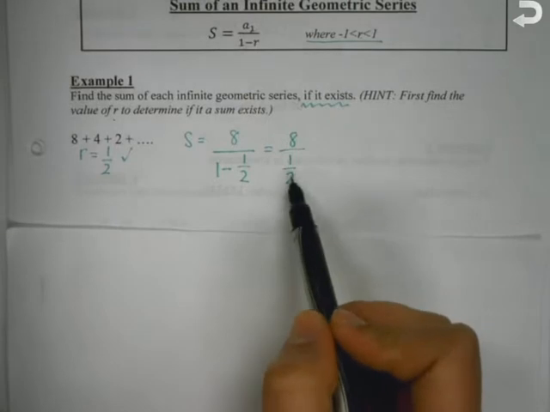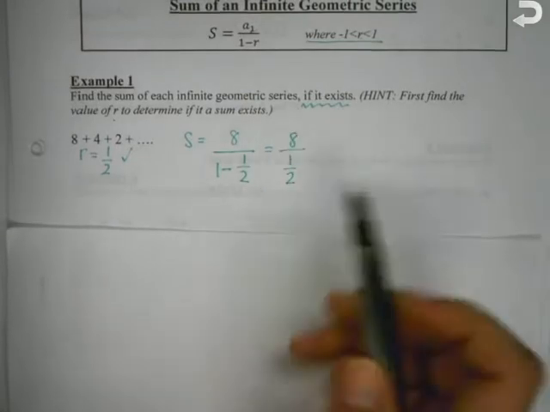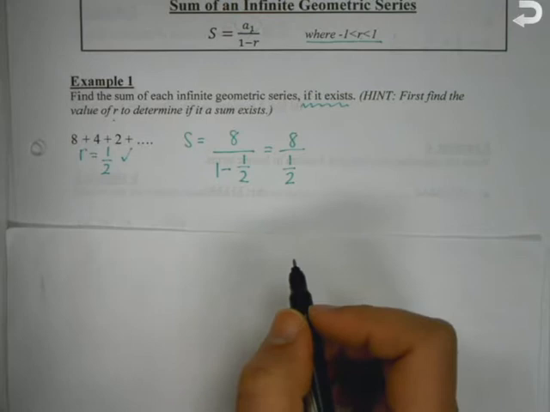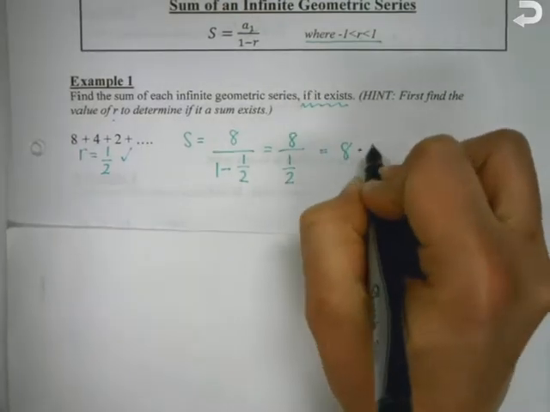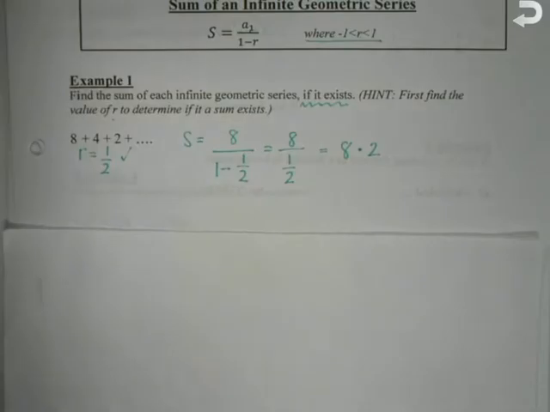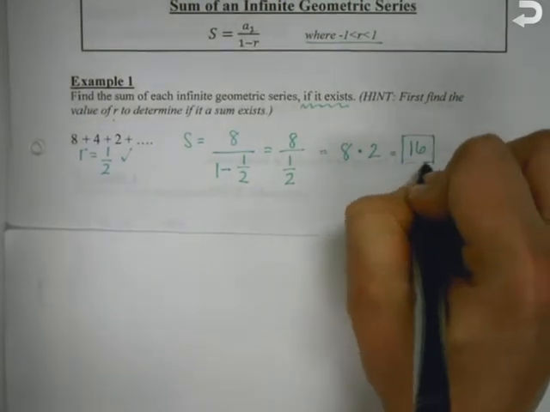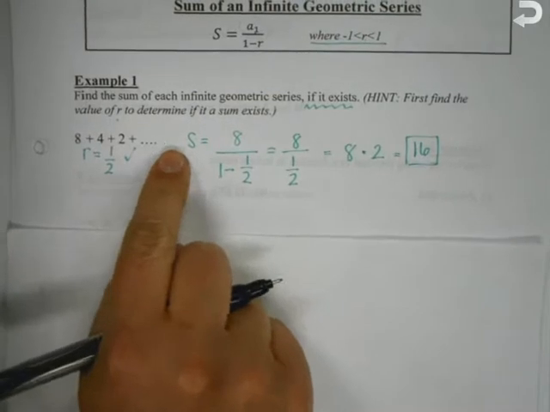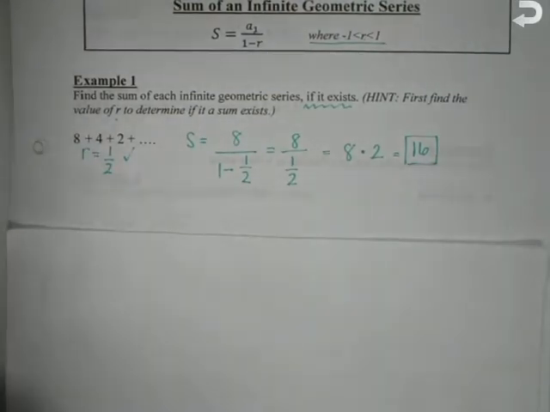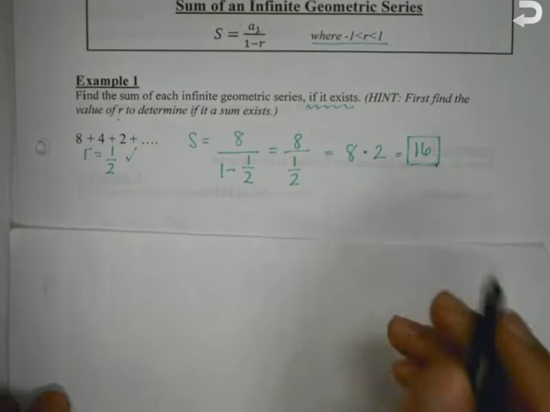So if I am dividing by a fraction is the same as multiplying by the what? Reciprocal. So is everybody okay that this is the same as 8 times 2? Okay. What's 8 times 2? 16. That's my sum. So even though this is going to infinity, if we were able to go all the way to infinity, it would all eventually add up to 16. So we can see that it's getting closer and closer and closer to the number 16.